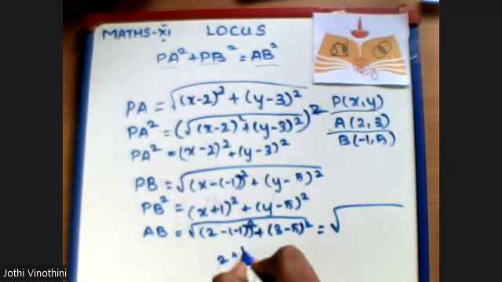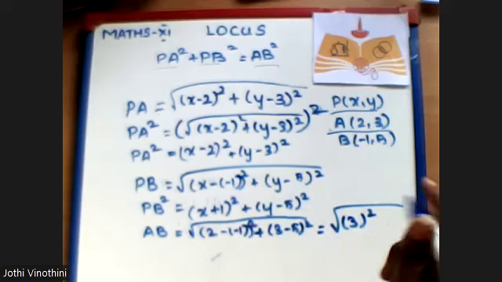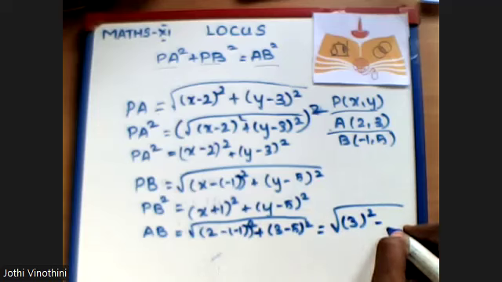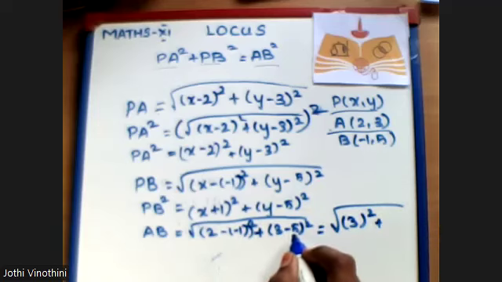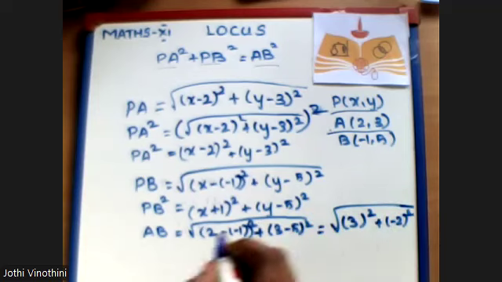So 2 plus 1 is equals 3, so 3 the whole square. Fine. Plus 3 minus 5 will be minus 2. So minus 2 the whole square.